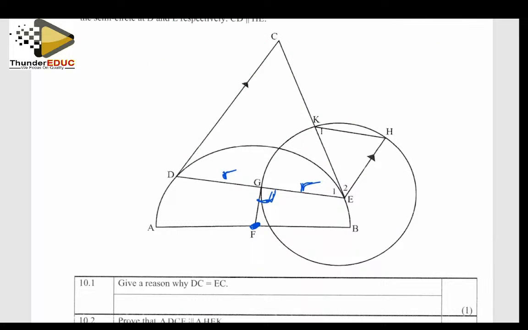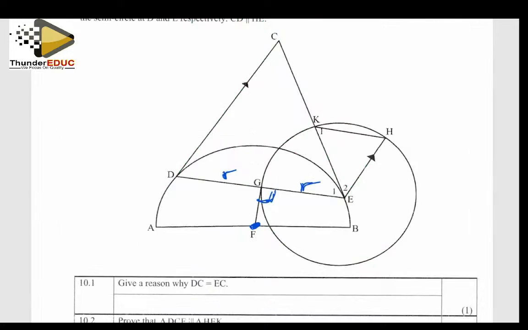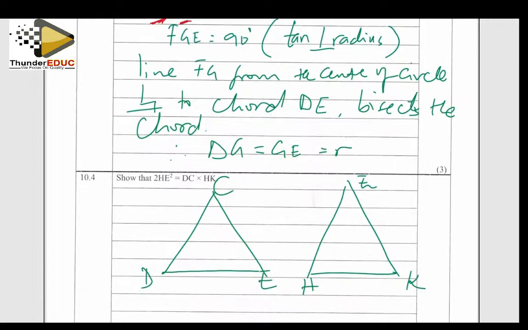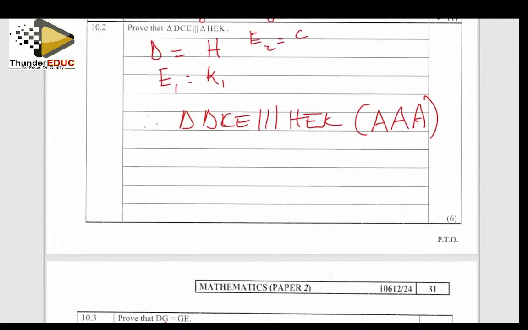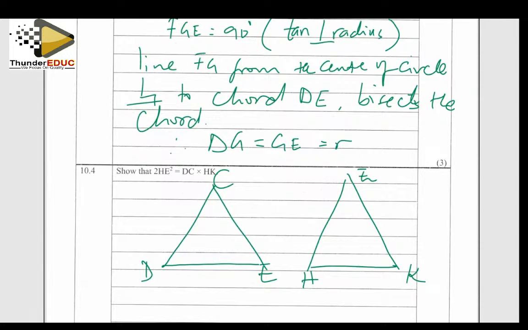So if this is our DCE, then this is going to be EH and then K, because they said DEC is the same as HEK.